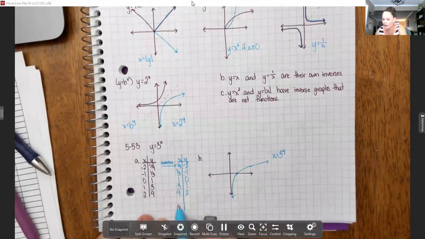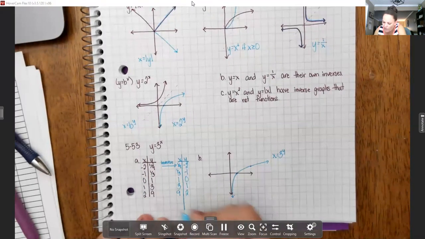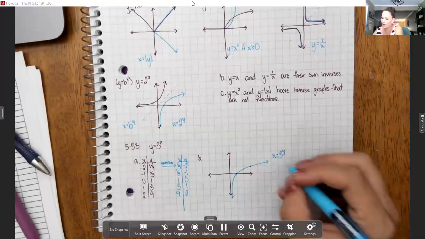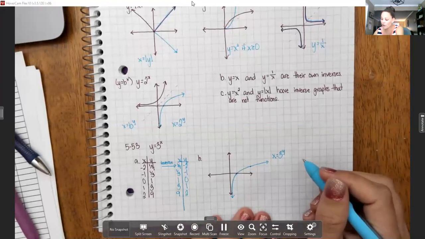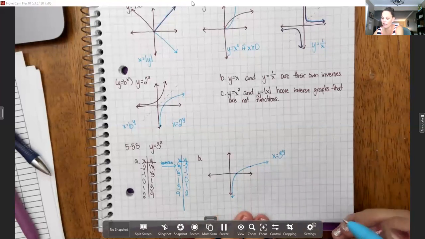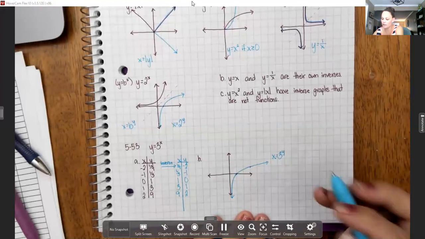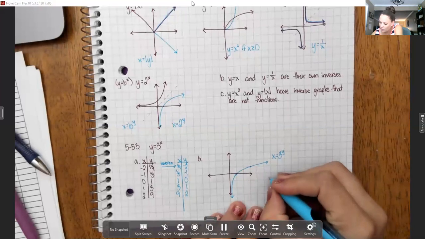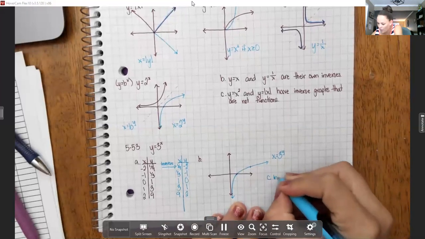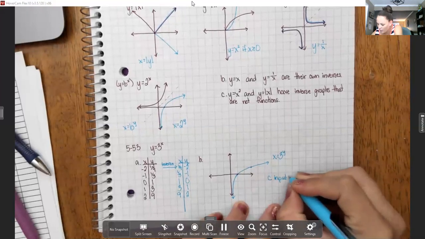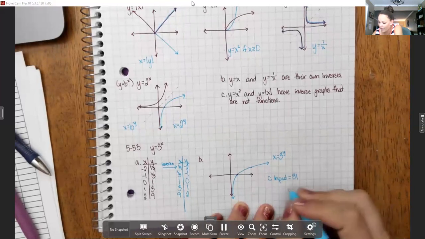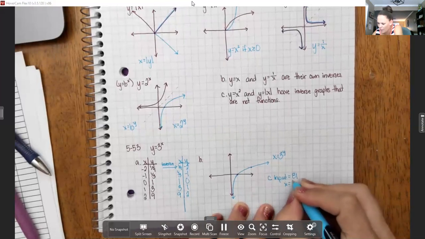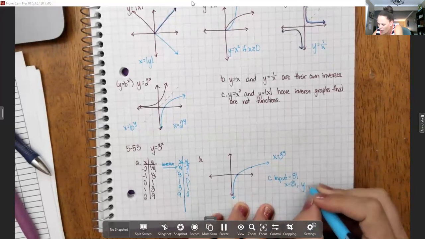But what if I told you that the input is 81 for my inverse? So for part C, the input is 81. So basically the input we know is X. If X is 81, what's Y?